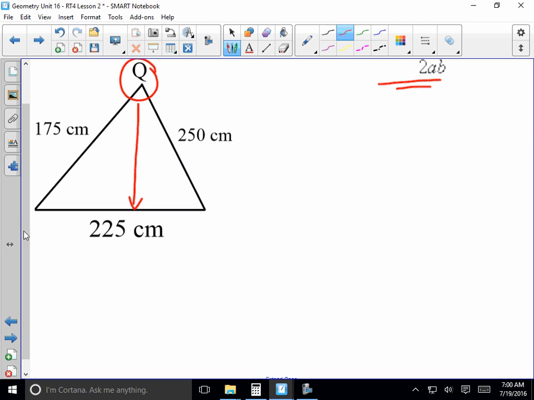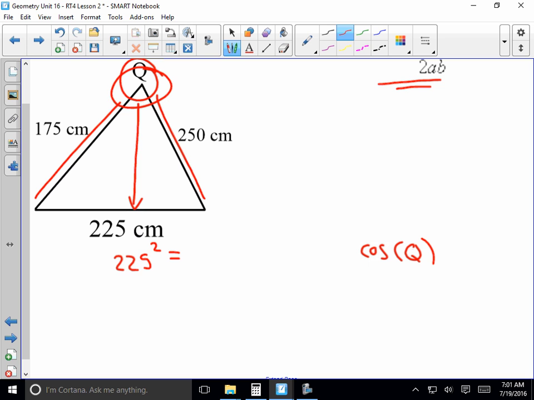So let's set up our equation here. We have 225 squared equals, and remember on the other side we're going to have our cosine of Q, and then we're going to plug in the rest of our pieces. What are the two lengths that make up angle Q?